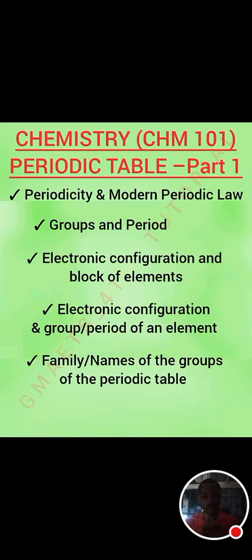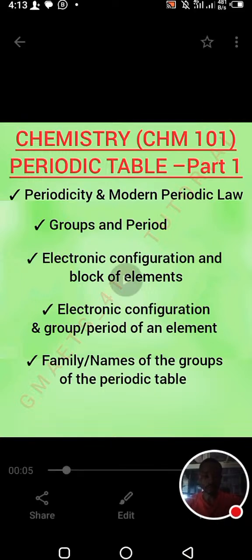I guess I'm going to talk about the period quickly before we move back to the group. All right. You can put this down. The period of an element determines the number of shells that element will have.